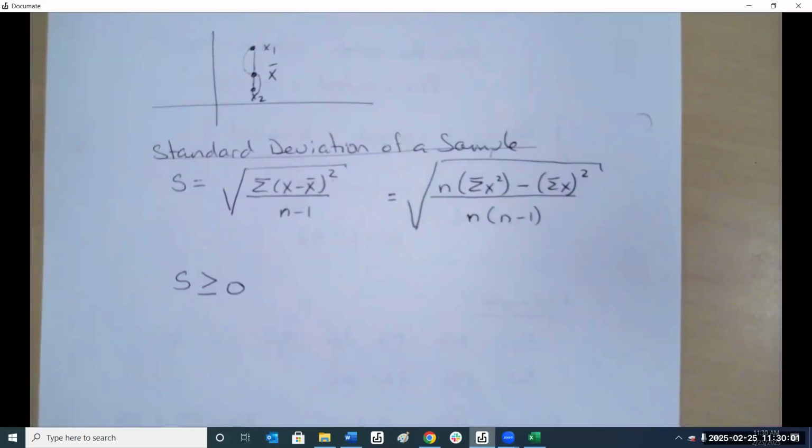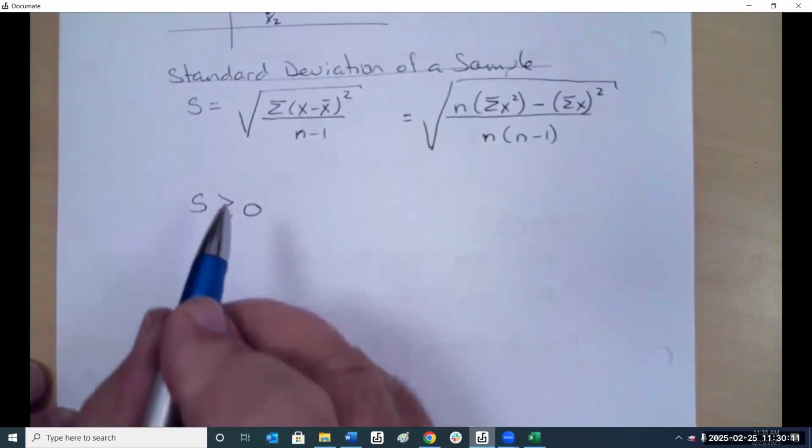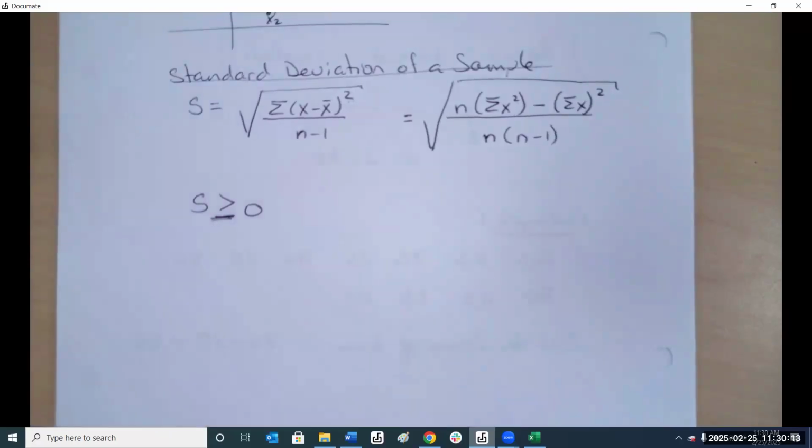These numbers can never be negative because we're looking at a distance, how far it could be from the mean. So can this equal 0? Yes. If all the data points you have are the same as the mean, if they're all the same, the mean's the same, so the distance is 0.